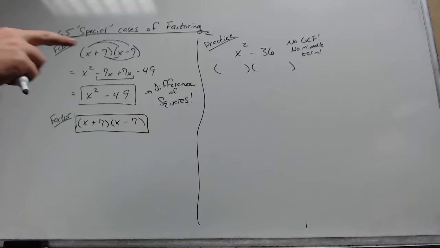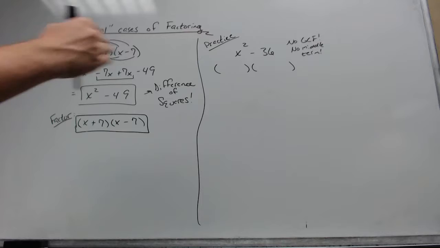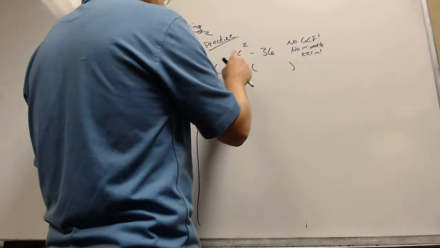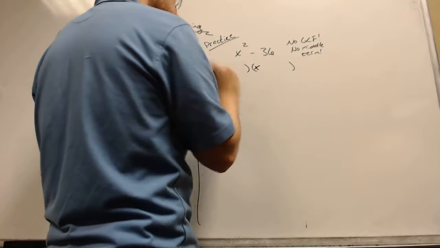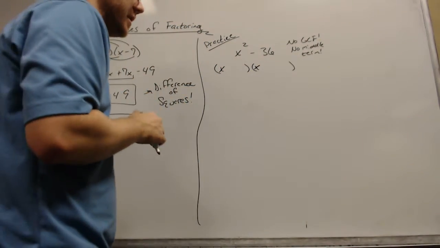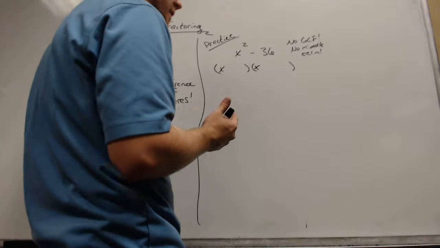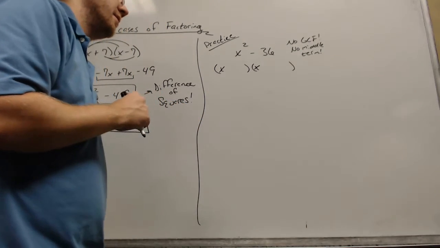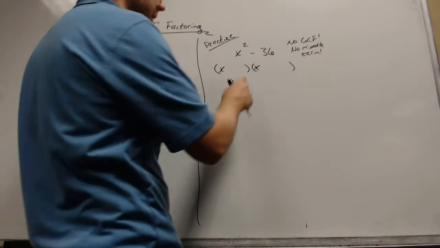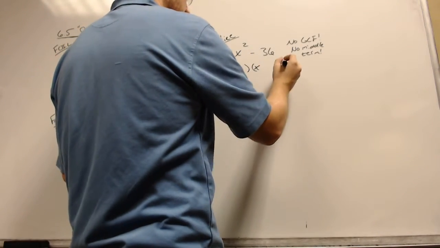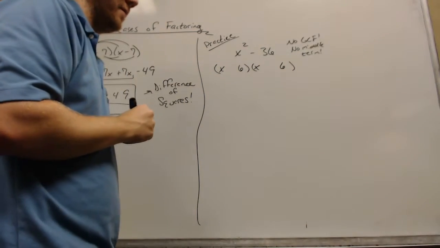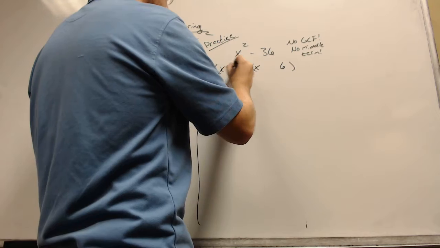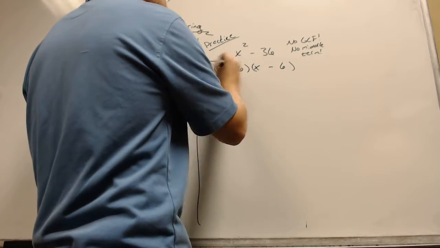There's only two terms instead of the normal 3 in our trinomials we've been factoring. So no middle term, this has to start identical, x and x. 36, there's lots of factors of 36. 9 times 4, 12 times 3, 18 times 2, right? But in this case, none of those are even possible because it has to be identical. So these are nice. Right? You don't have to worry too much about all the different factors. We know in order for the middle terms to cancel out, we need one positive and one negative. It has to be identical.